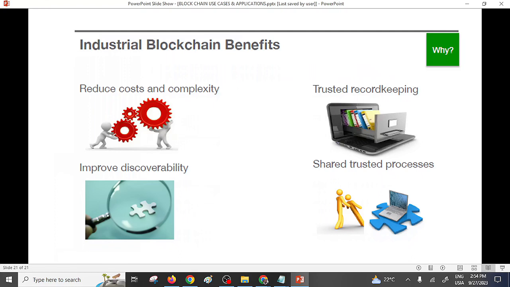I think we have exhausted the benefits: cost is handled using this blockchain, trust is improved, transparency, and discoverability. Once you connect a device into a secure blockchain, it broadcasts itself, and all other devices or applications will understand that there's a new device, or rather a new application, that needs to be added.